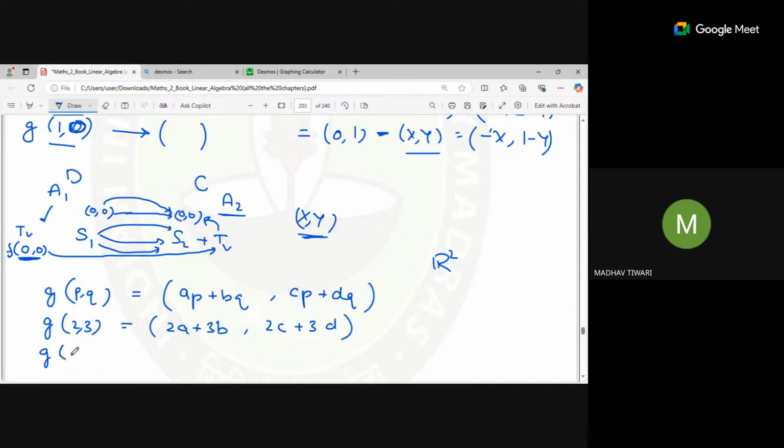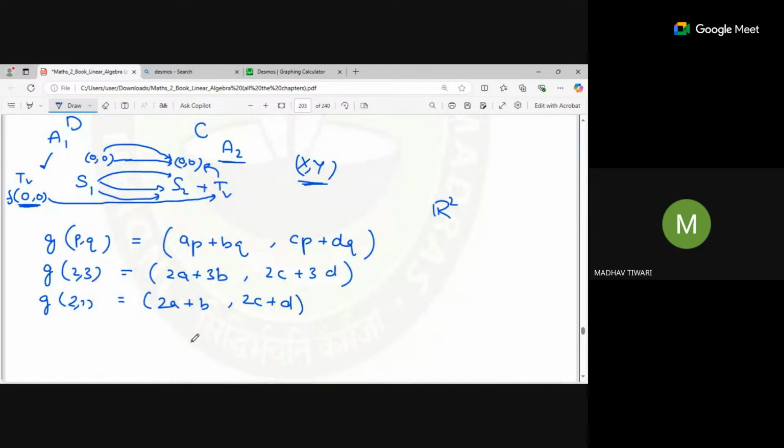Same here, g of 2 comma 1 should look like 2a plus b, and 2c plus d, right? And g of 1 comma 0 should look like a, and this will be c.